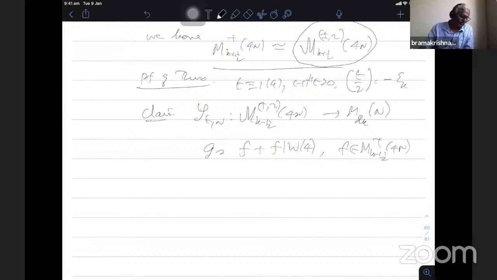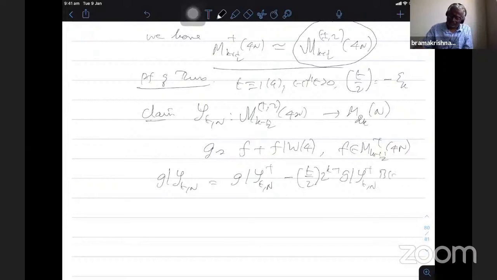Okay. Now apply the S_{T,N} map. So G bar S_{T,N} is nothing but f bar S_{T,N} plus minus T by 2 power k minus 1, f bar S_{T,N} plus B2, by the property of the Shimura map, more generally. Okay, not necessarily here. Now I apply this particular thing for this function. Now you again replace W4 by U4.